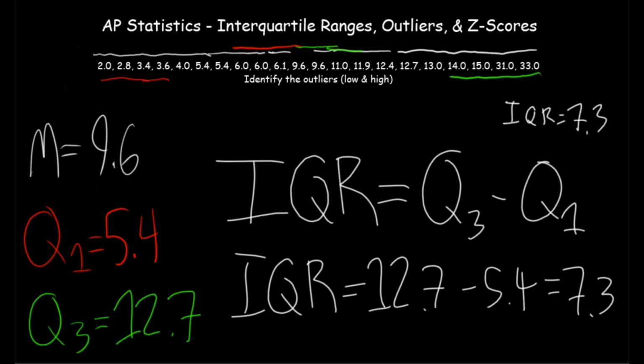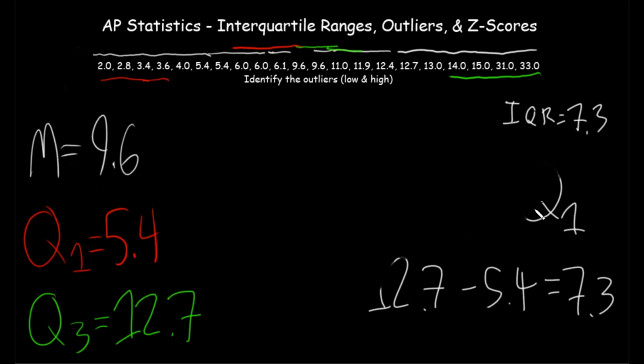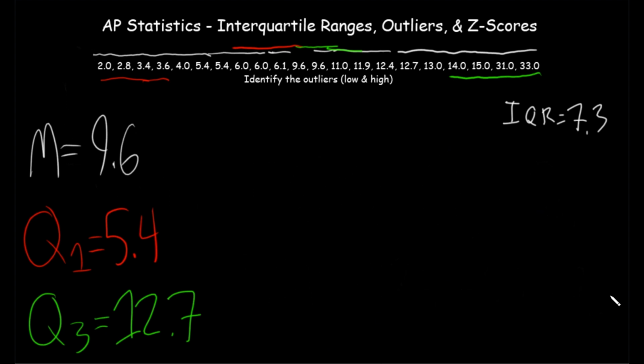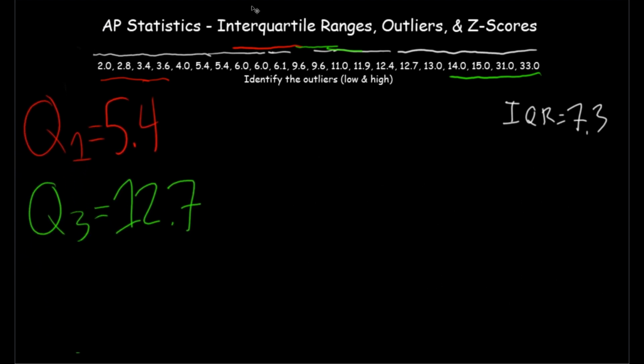All right. At this point, to solve for the outliers, you don't need the median anymore. So I'm going to erase the median for now. Bring this all up over here. Okay, now to find the outliers, there's two different ways. You have to solve for the low outliers and also solve for the high outliers.